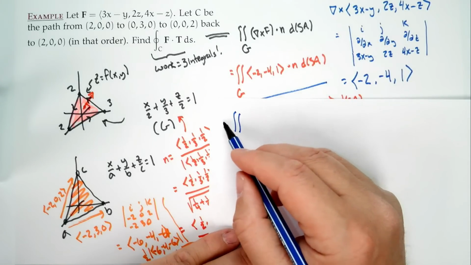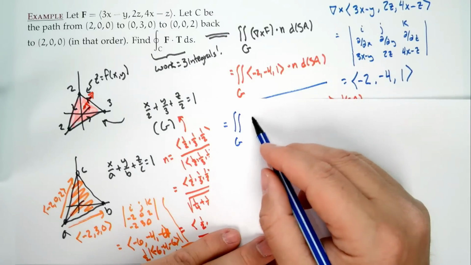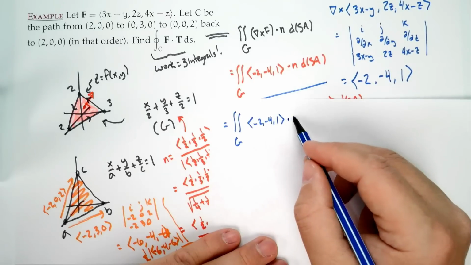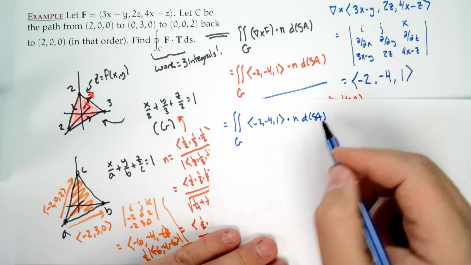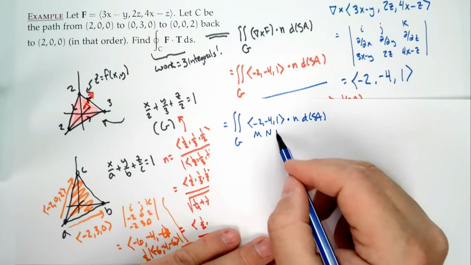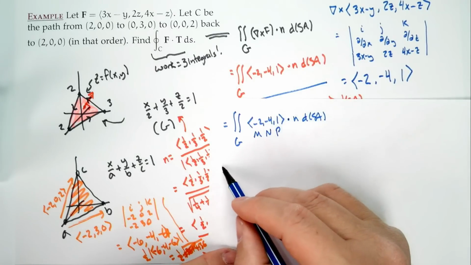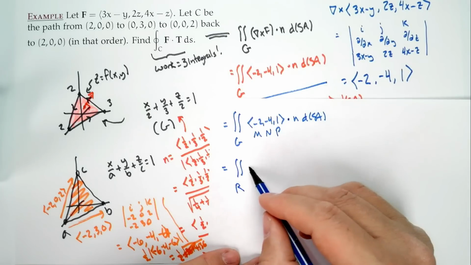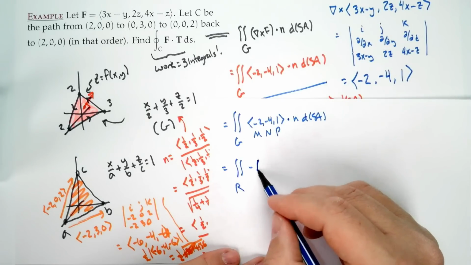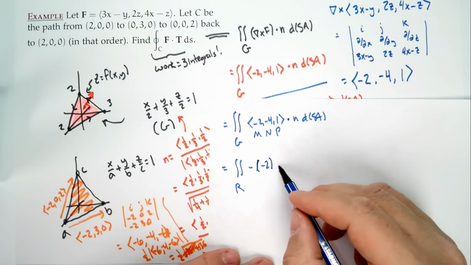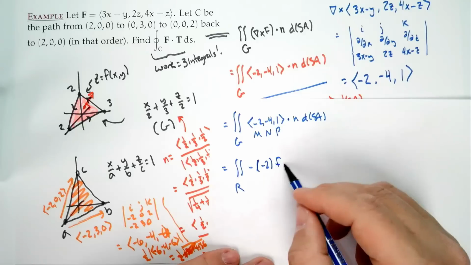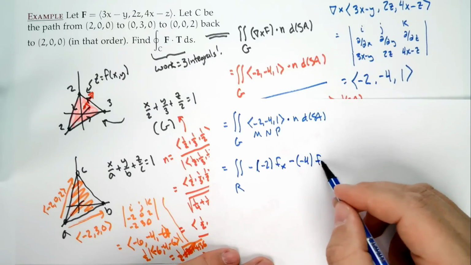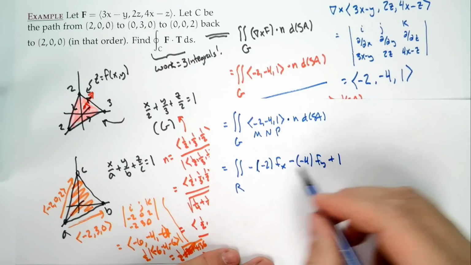We should have said, look, this is the integral over g, -2, -4, 1, dot n dS. This is my m, n, and p. So, according to our rules, this is the integral over our region of minus m, which is -2 f sub x, well, we'll come back in a second, minus n, -4 f sub y plus p dA.